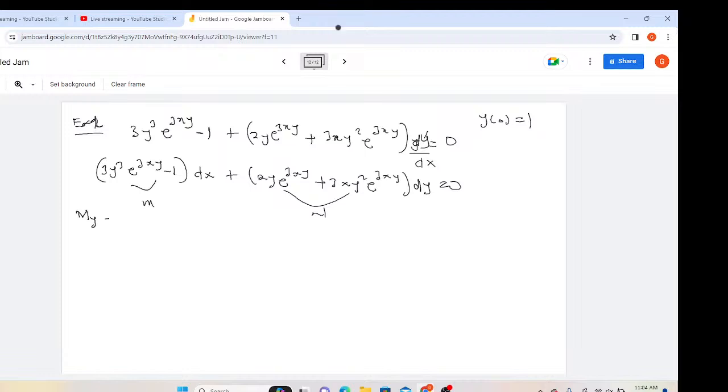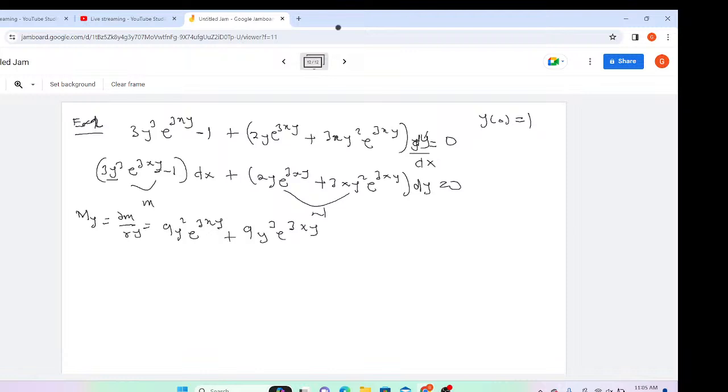Evaluating m with respect to y, which is differentiating m with respect to y: we have y here and another y here, so we are going to use the product rule. This will give us 9y squared e to the 3xy plus, now we differentiate what's here, 9xy cubed e to the 3xy.